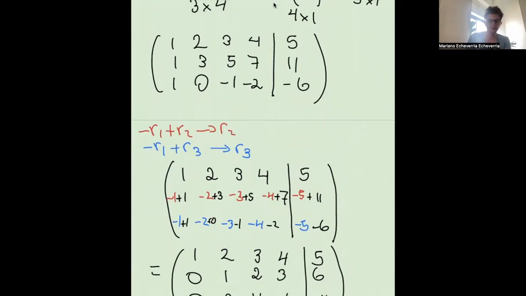The idea is to make as many ones and zeros as possible, starting with the first column, then the second column, then the third column, and so on. It's always organized in this way to give some structure to the method. If you start randomly somewhere else, you're going all over the place. It's better to do it the same way every single time.